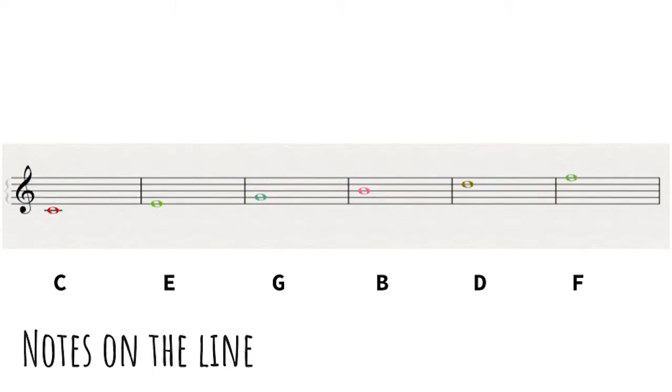So, for instance, if we discount the middle C on the lines for now, E, G, B, D and F are often known as Every Good Boy Deserves Favour. Yeah, E, G, B, D, F for the lines.